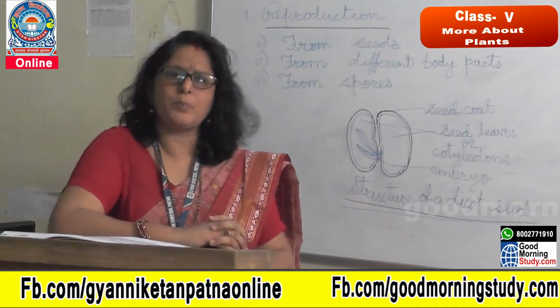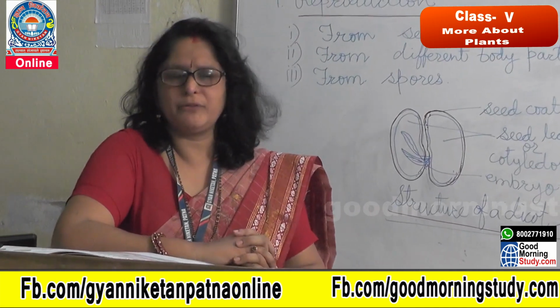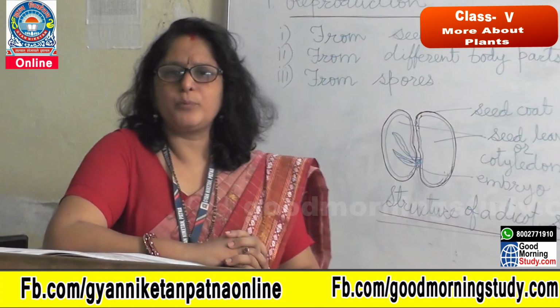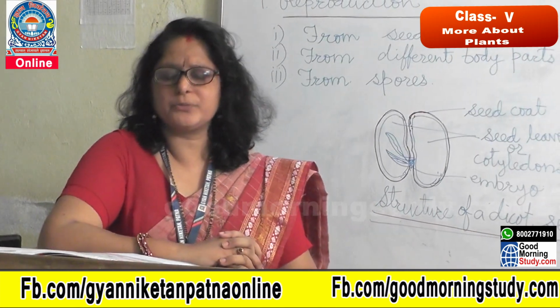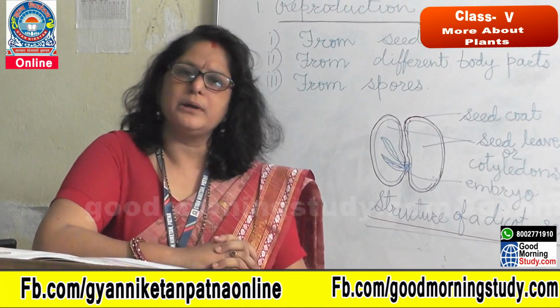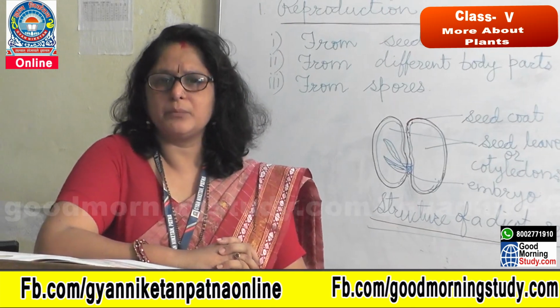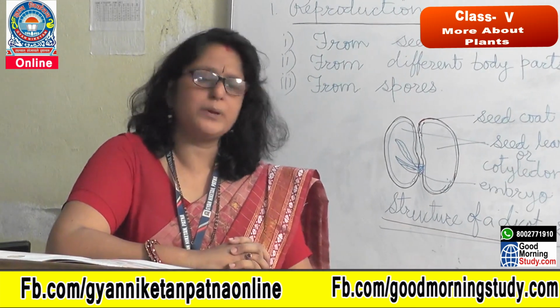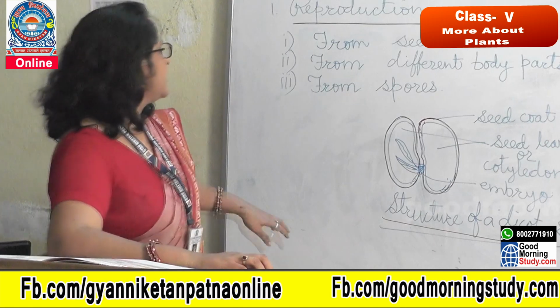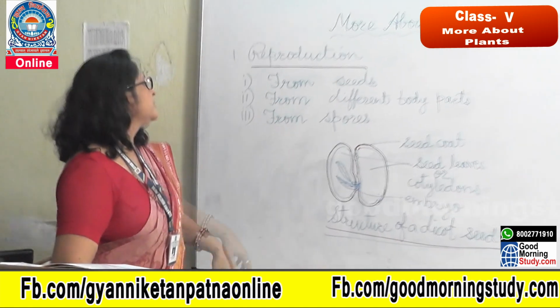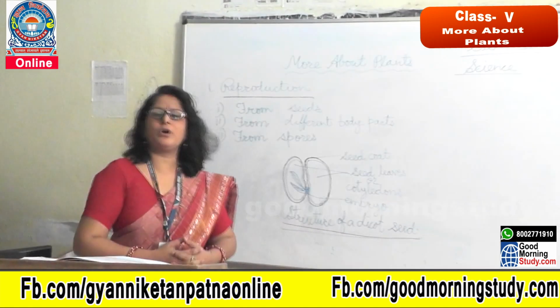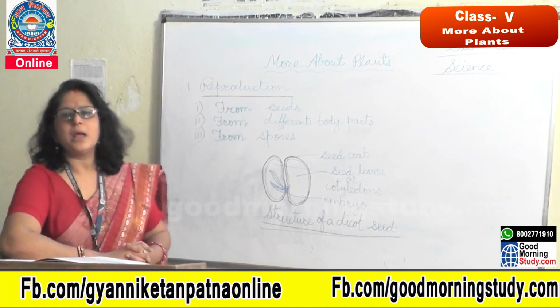But in case of plants, it is quite different. Plants reproduce through various methods. Number 1, from seeds. Number 2, from different body parts. And number 3, spores. So first of all, what is a seed?